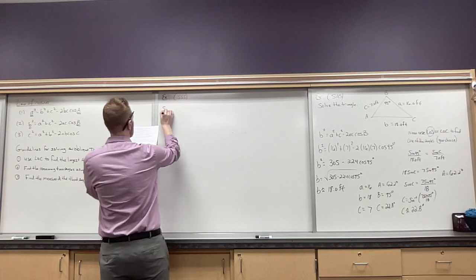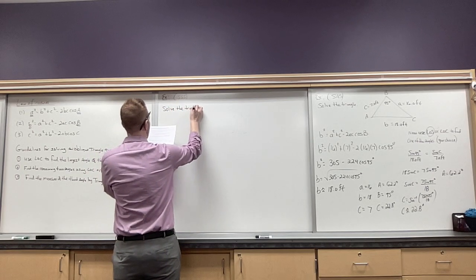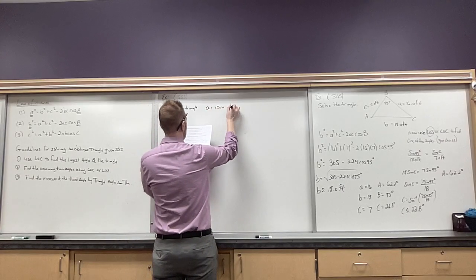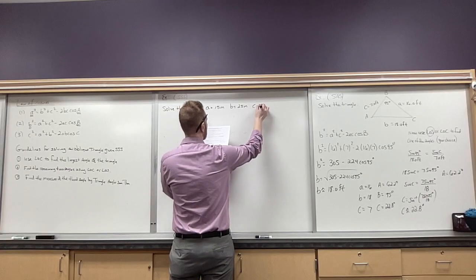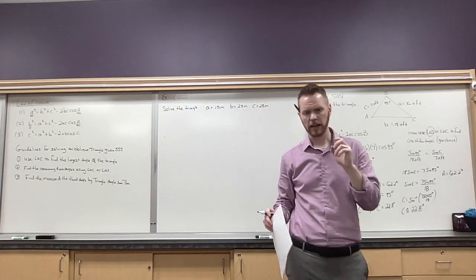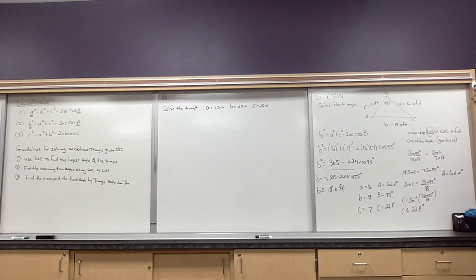Same instructions. We're going to solve each triangle. And I'm not going to have the drawing initially. I'm just going to give you the measurements. And remember, lowercase letters are representing the side lengths that we have there.